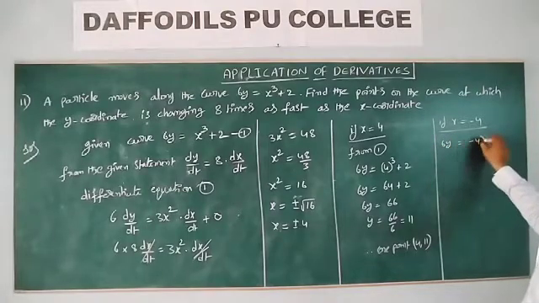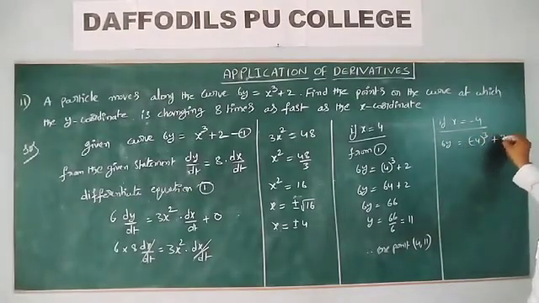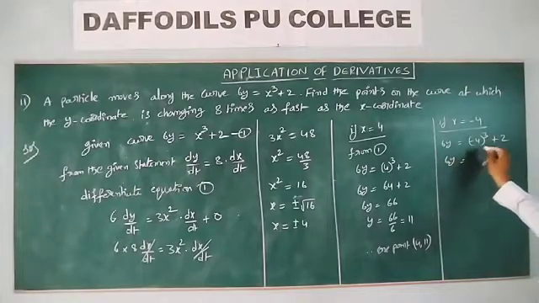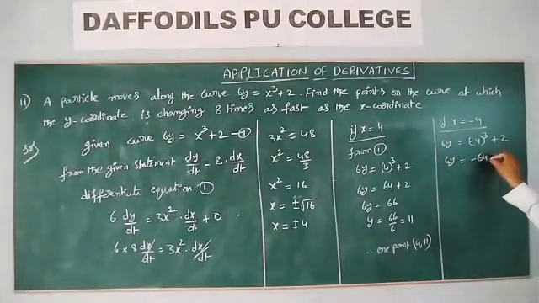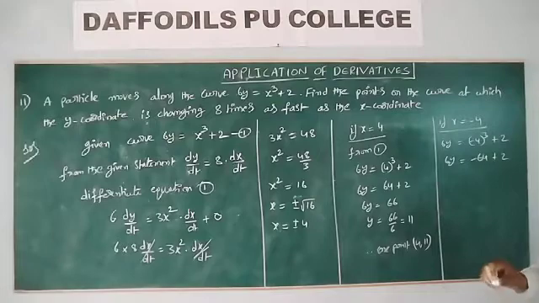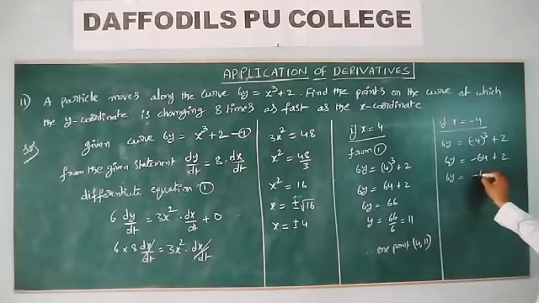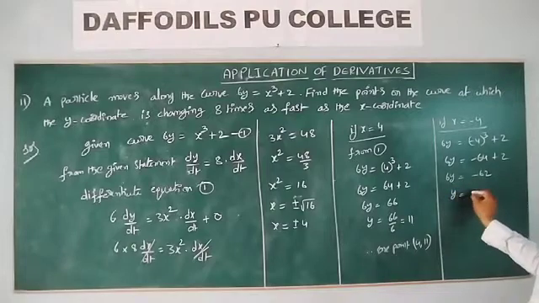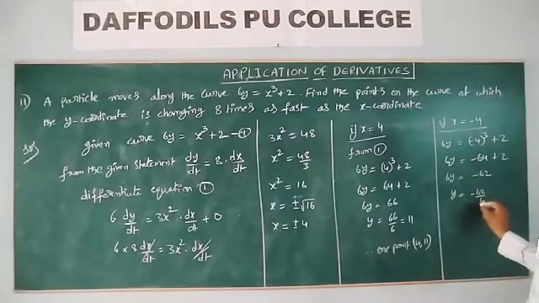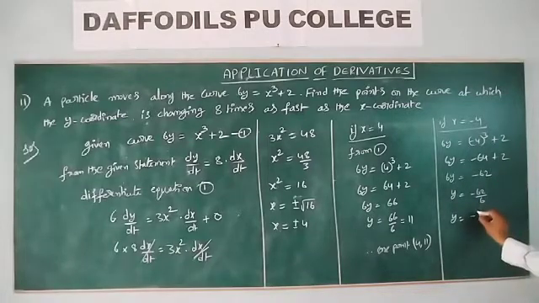Second, if x is equal to minus 4, from 1, 6y is equal to minus 4 whole cube plus 2. That implies 6y is equal to minus 64 plus 2, which is minus 62. y is equal to minus 62 by 6, y is equal to minus 31 by 3.